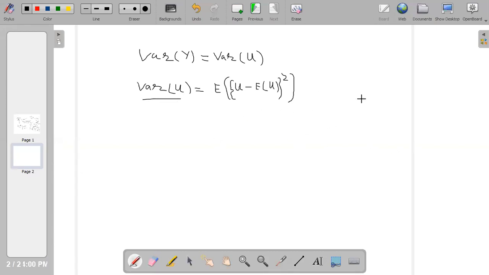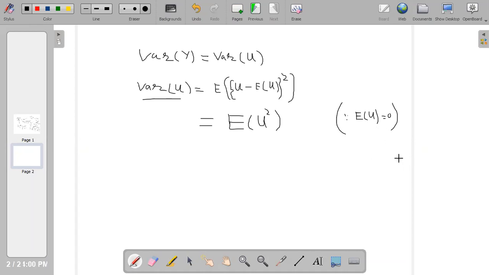And this reduces to expected value of u square. Why? Because one of the assumptions of the classical linear regression model tells us that the expected value of u is 0, okay?